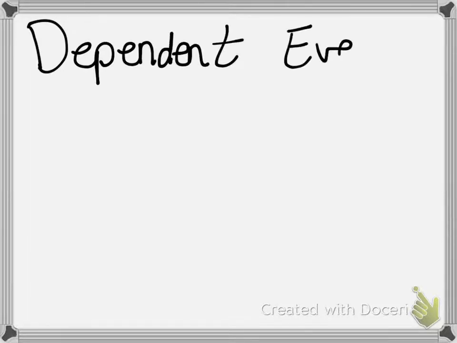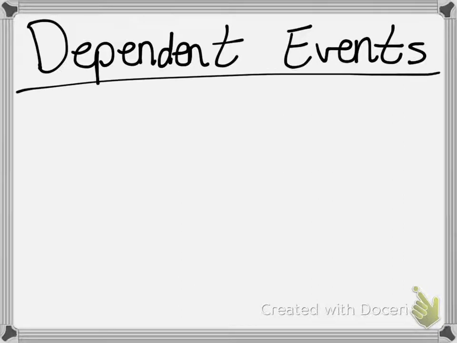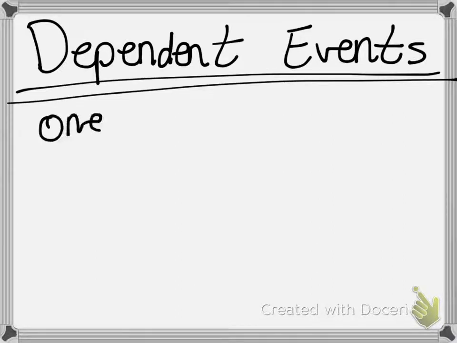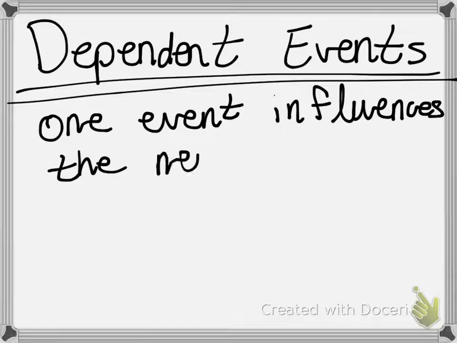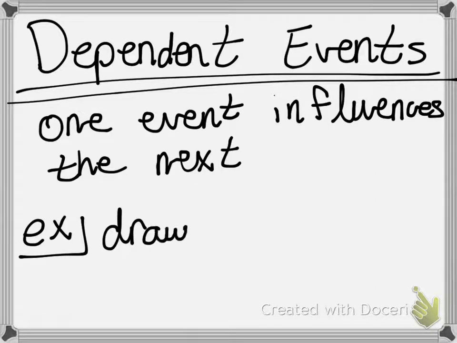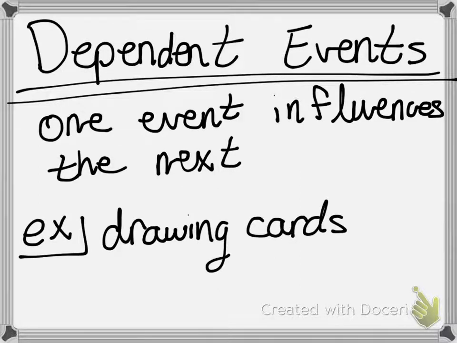That means we can also have dependent events, and that means that one event influences the next. An example of that would be if we have a deck of cards.